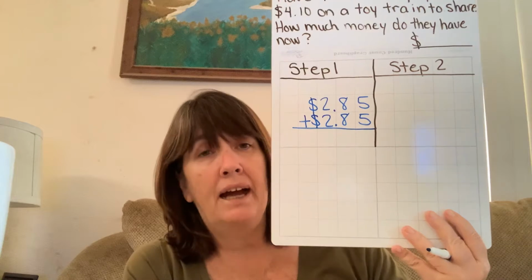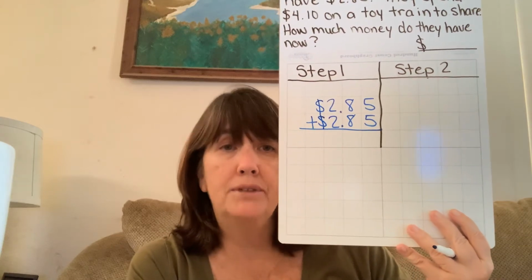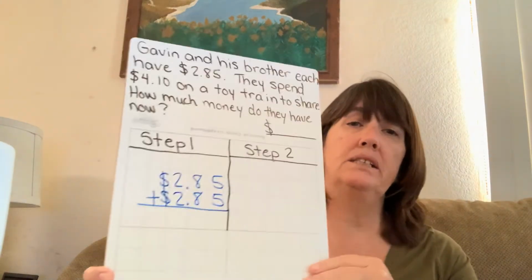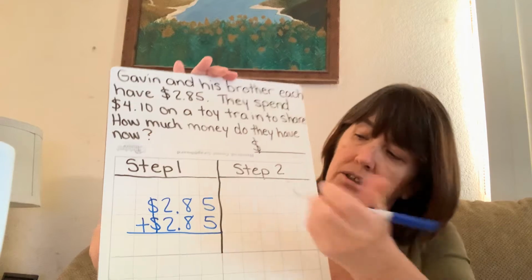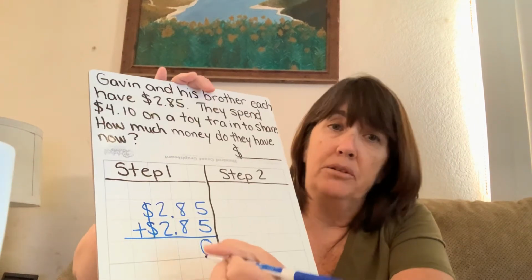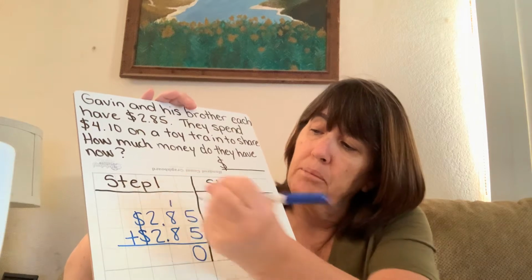So we have to add first to find out how much they have total before we can subtract what they spent on the toy train. So we have 5 plus 5 is 10. Very good. So we'll put a 0 here. It's more than 9, so we need to regroup, right? So we put the 1 up there.